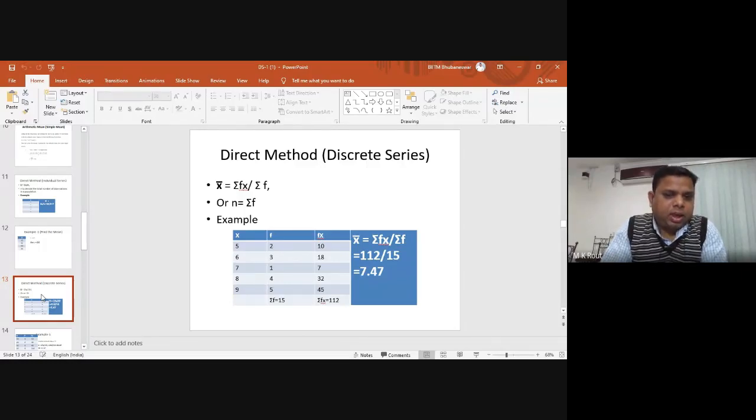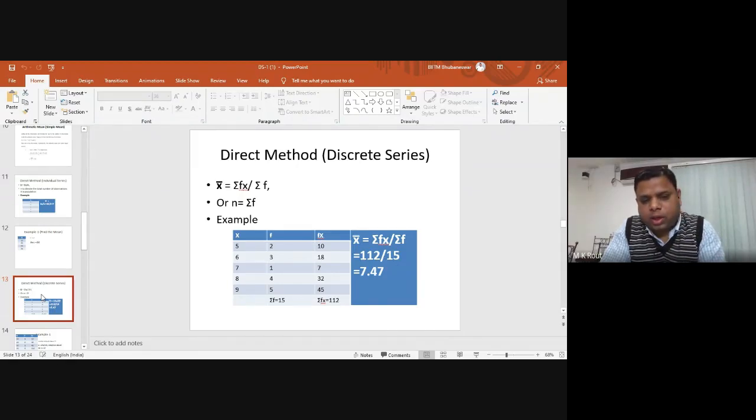Here, summation of f equals your number of observations, that is n. I repeat, in case of discrete series, we are using summation of f equals n. In that case, you can directly use the formula to calculate the value.